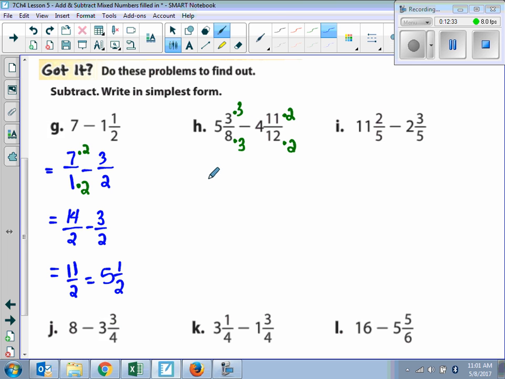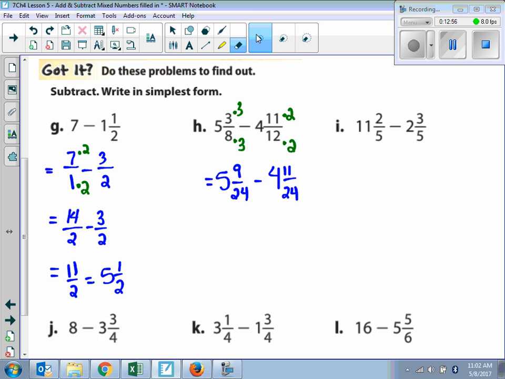So when we rewrite, we end up with 5 and 9/24 minus 4 and 11/24. Oh, I'm sorry, 22. Yeah, good catch. 22/24.